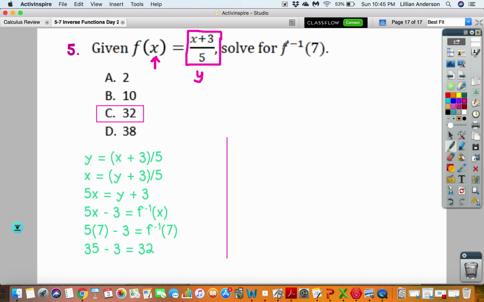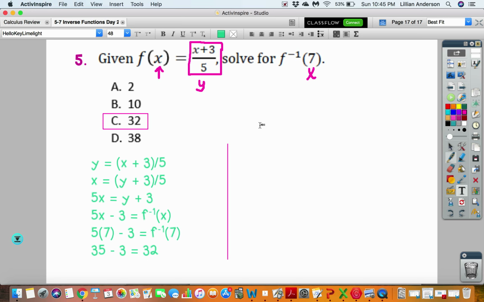Okay? But on your inverse, this is your x on your inverse, and this is going to equal y on your inverse. And since we're switching them, if this is x on your inverse, then it's technically y on your original function.